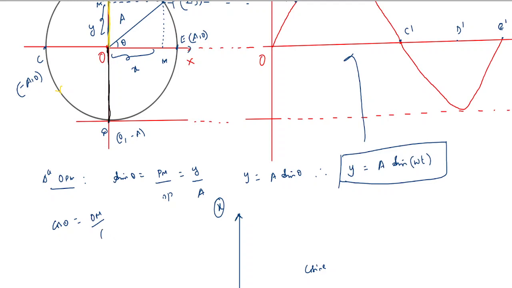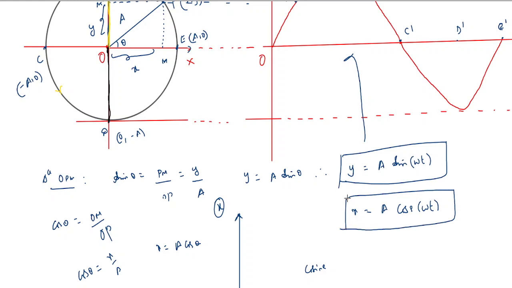OM is equal to x. So cos theta is equal to x by A. This implies x is equal to A cos theta, or x is equal to A cos omega t. This is the equation for a simple harmonic motion.